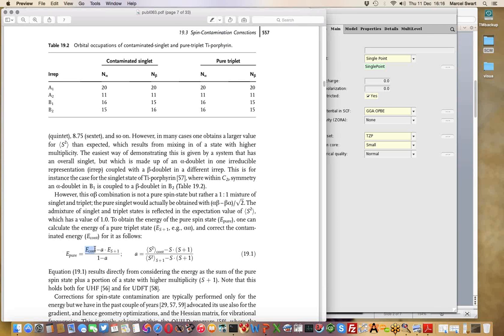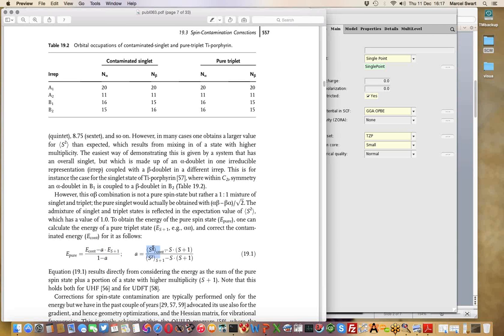So we have the energy of the contaminated system, you have the energy of the next higher spin state, and you subtract the energy of the contamination by factor A, and this factor A depends on the S squared value.